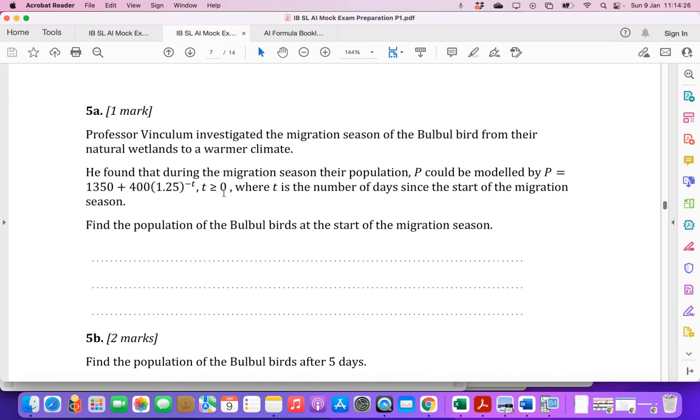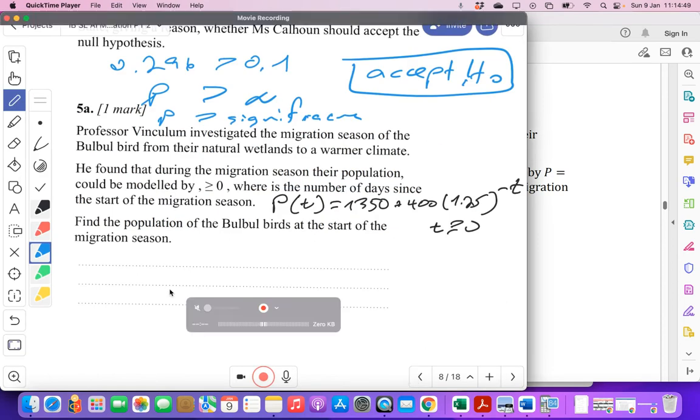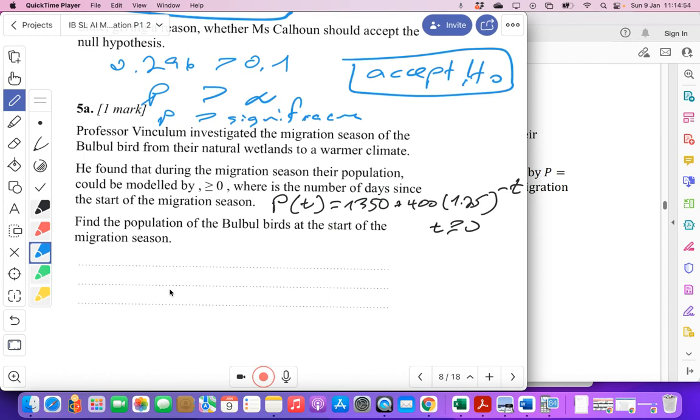So t is equal to 0 at the start of the migration season. Anything to the 0 power is 1, except for 0, which we can't have as a base. So this is going to be 1 times 400 plus 1350. Again, I could use my calculator for that, but I know that it's just going to be 1750 is going to be the answer.